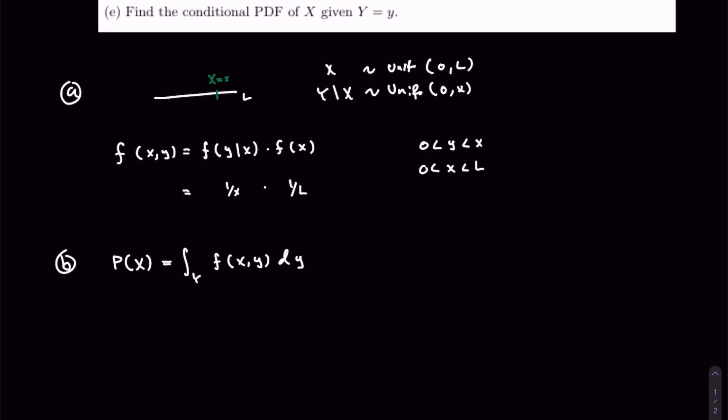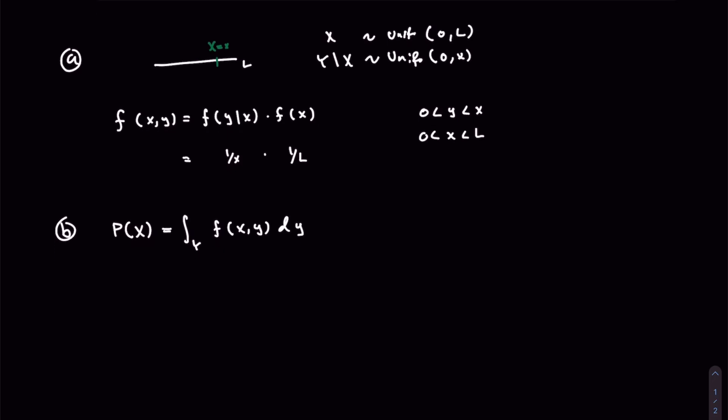We know what we just calculated for f of x,y, but what's the support of y? The support of y is 0 to x, so we have to integrate over this area.